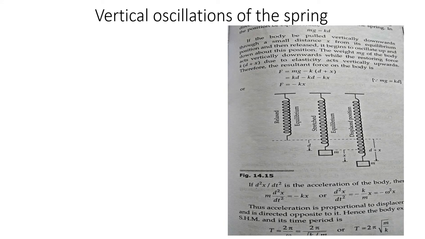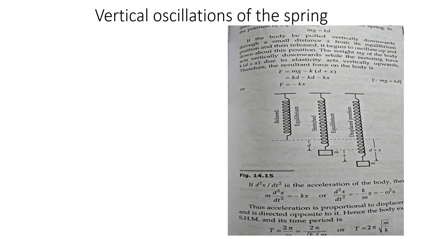Now if the body is pulled vertically downwards through a small distance x from its equilibrium position and then released, what happens? It begins to oscillate up and down. In that case, what is the restoring force? We have to find the resultant force. mg is acting vertically downwards.